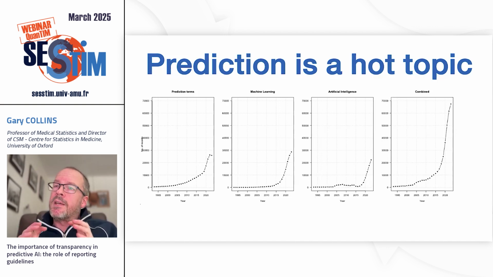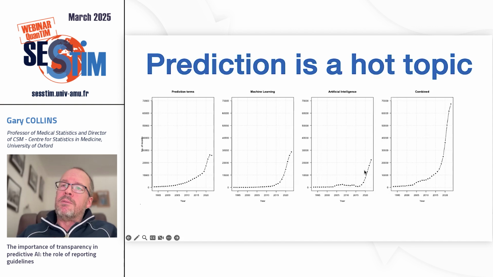Machine learning has taken off, artificial intelligence has taken off, and we've seen a huge increase in the volume of published literature in the healthcare space applying machine learning or AI-based methods. I'm not going to define that because it's a little bit murky, but it could be logistic regression, it could be a deep learner, a random forest, whatever. But there's a whole exponential growth in volume in this area at the moment.